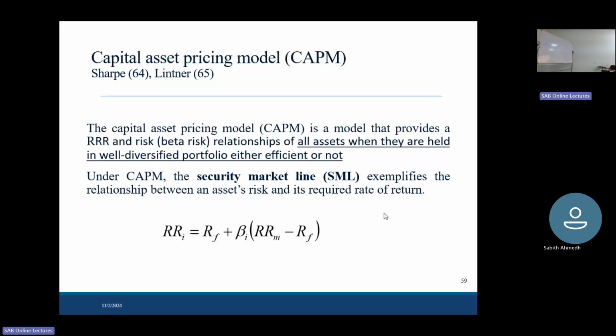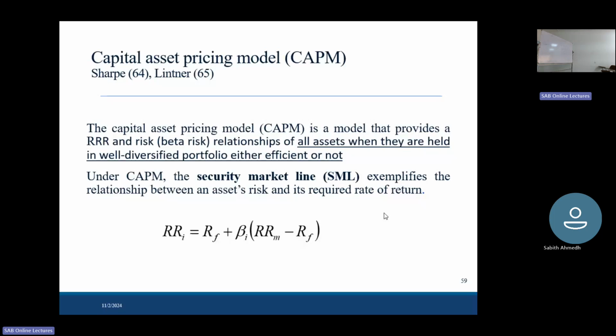Even for an efficient portfolio, you can apply CAPM to estimate the required rate of return. This is a very prominent development in our finance history, and today we are still using CAPM.